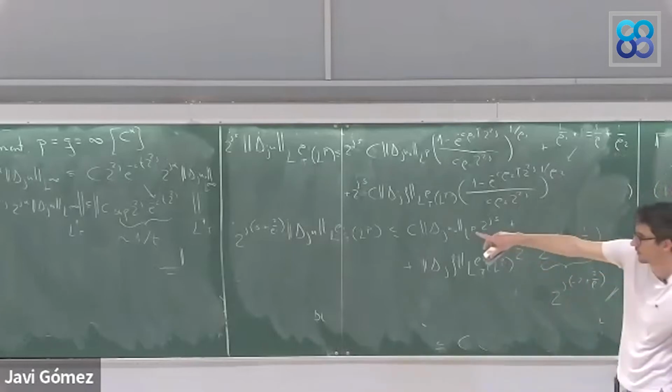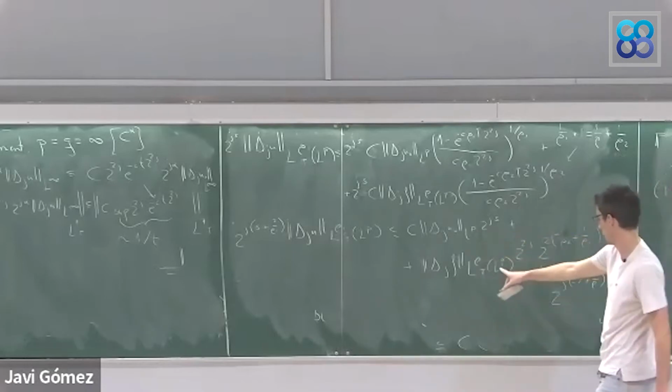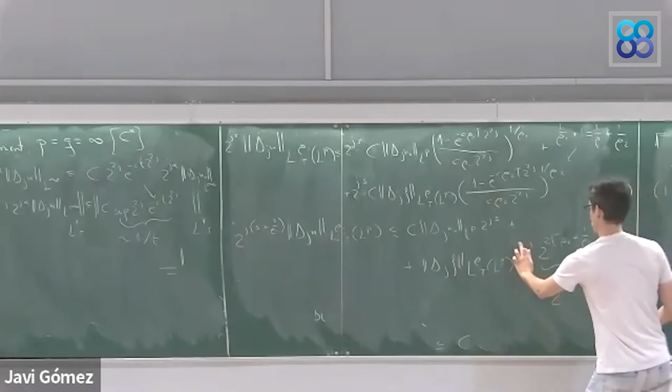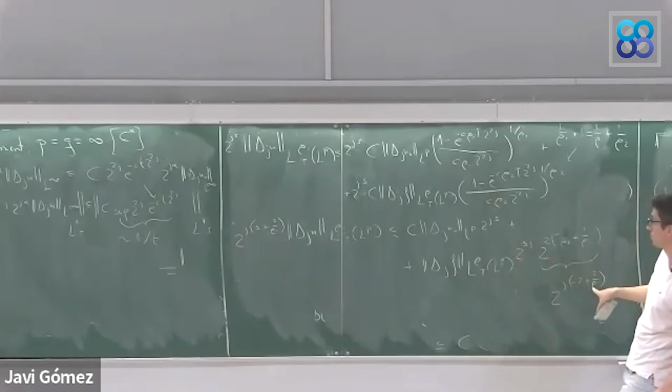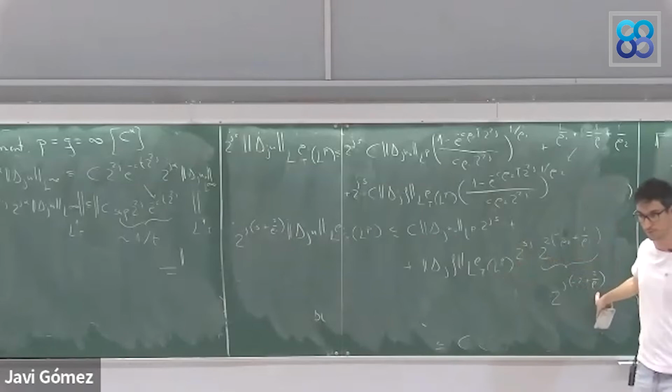Now the exponents match. Here we are obtaining s minus 2 plus 2r for the point.